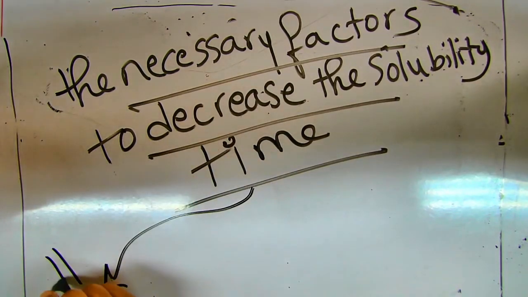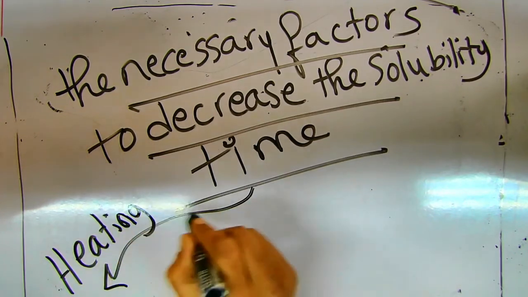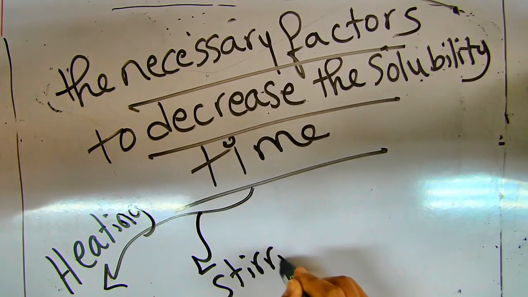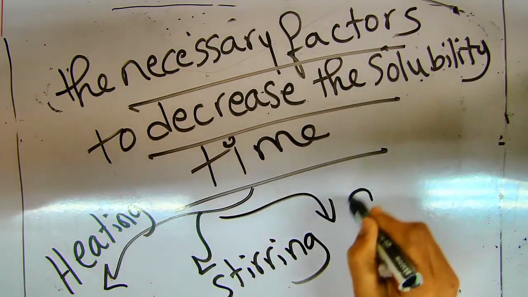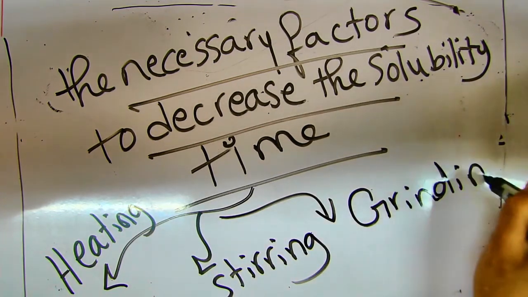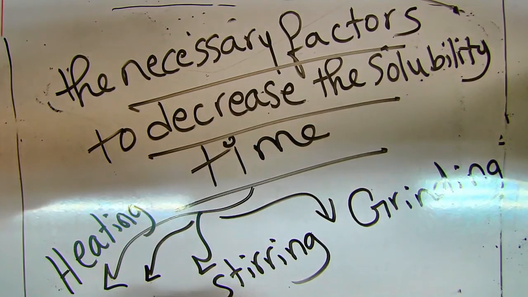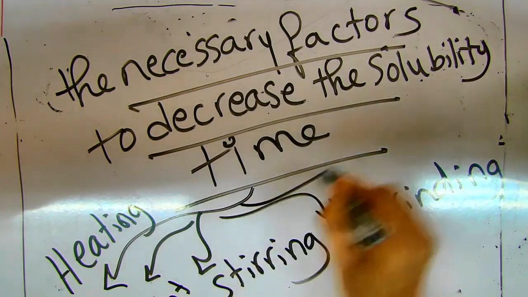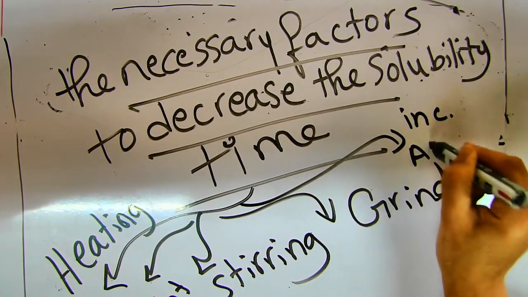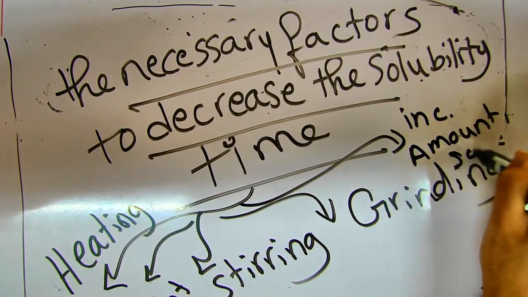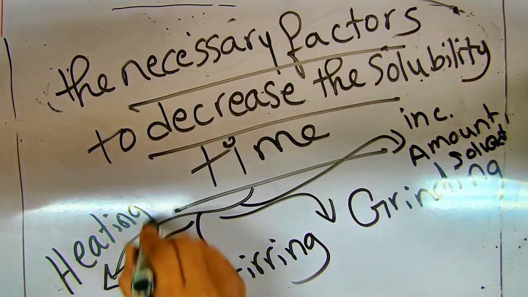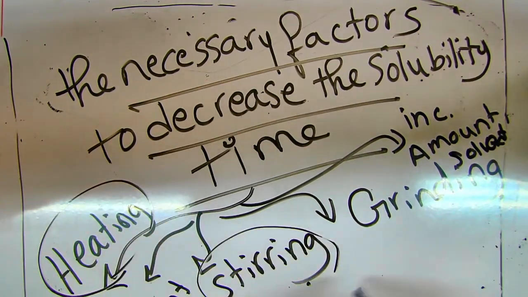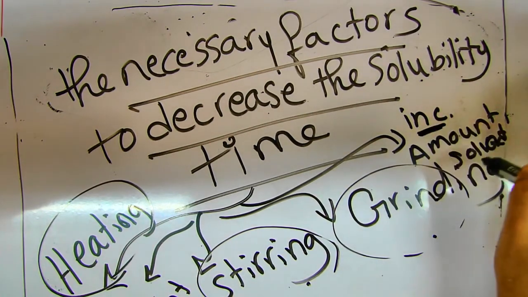Number 1, heating. 2, stirring. 3, grinding. 4, decrease the amount of solid. 5, increase the amount of solvent. Again: heating, stirring, grinding, decrease the amount of solid, increase the amount of solvent.